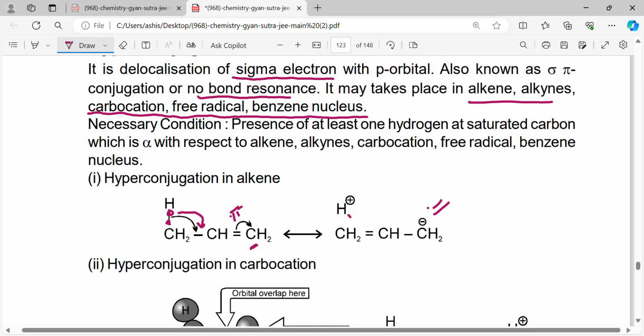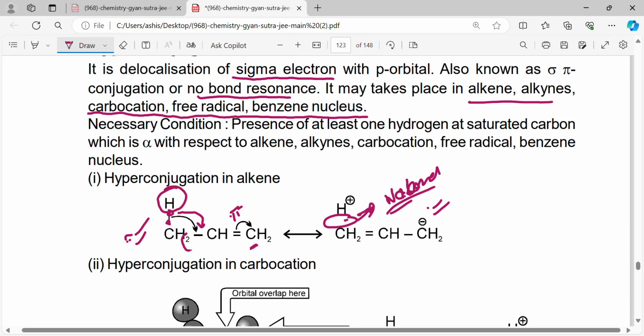Then these sigma bond electrons will move toward this carbon, so there will be a pi bond. So there is no bond present, and that's why it is called no bond resonance.